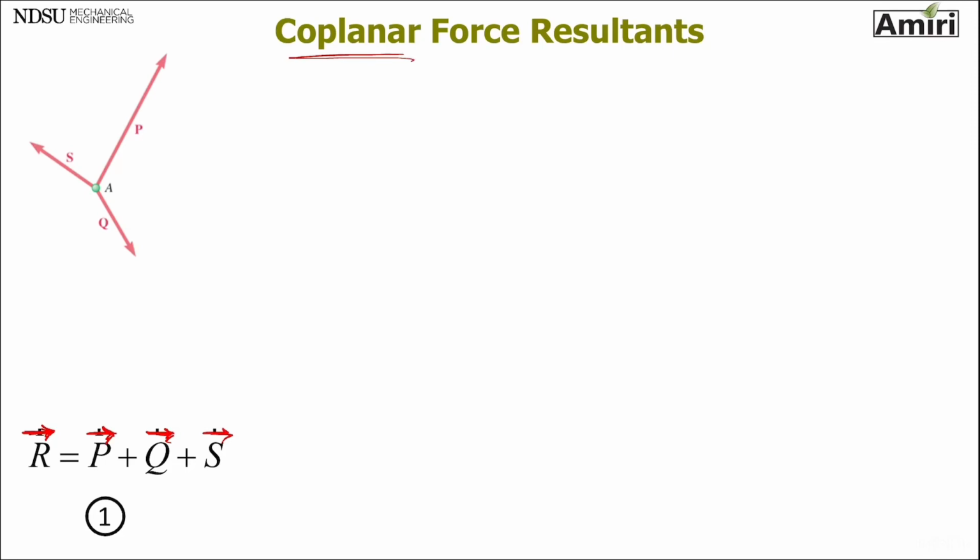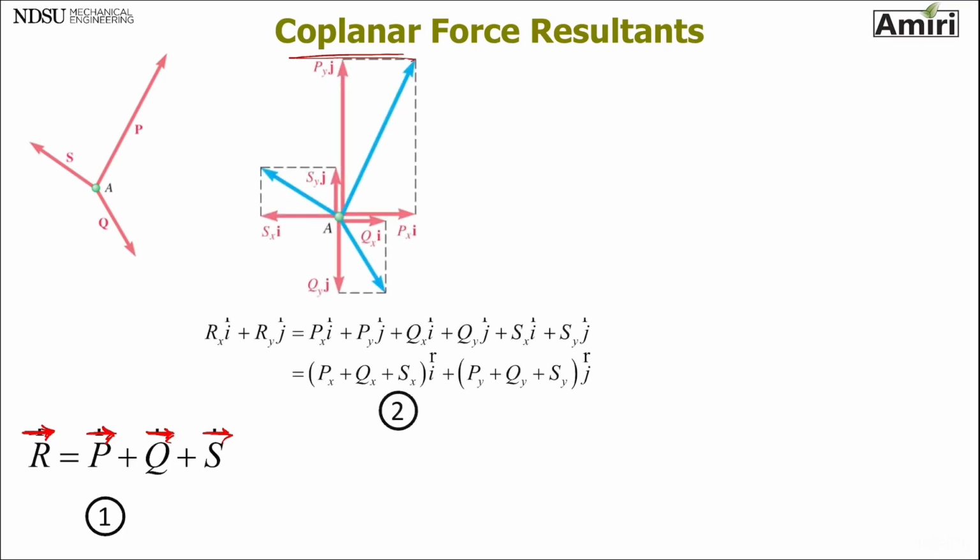The goal is to add these 3 together, P, Q, and S, and find R. The first step is to find the Cartesian, rectangular components of all 3 forces.